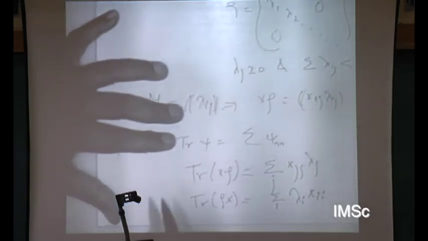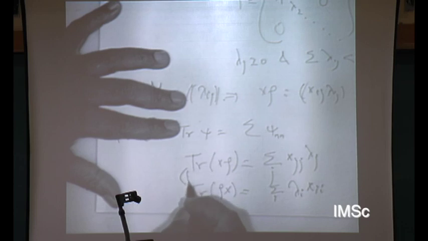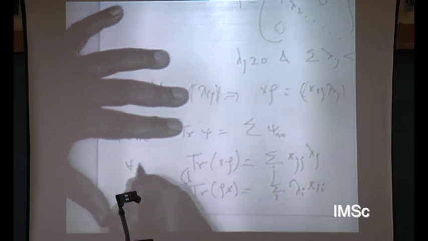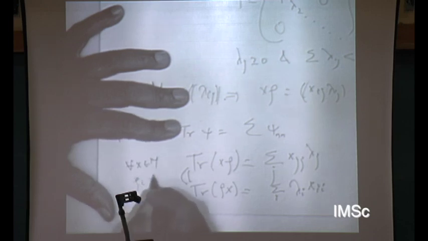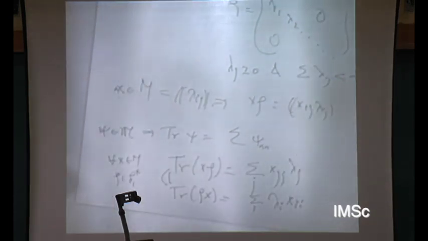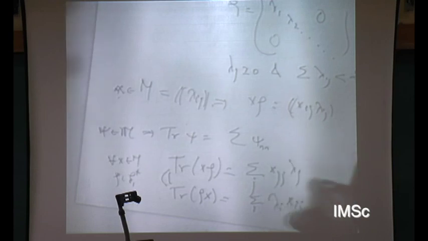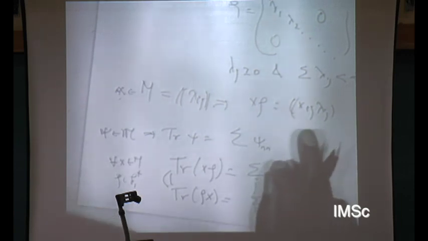Okay, so at least I'll stop at a place I'll be happy with. We proved that this holds for all x in B(H) and rho in C1 plus. But what is special about C1 plus? Any self-adjoint in C1 is expressible as a difference of two things in C1 plus.